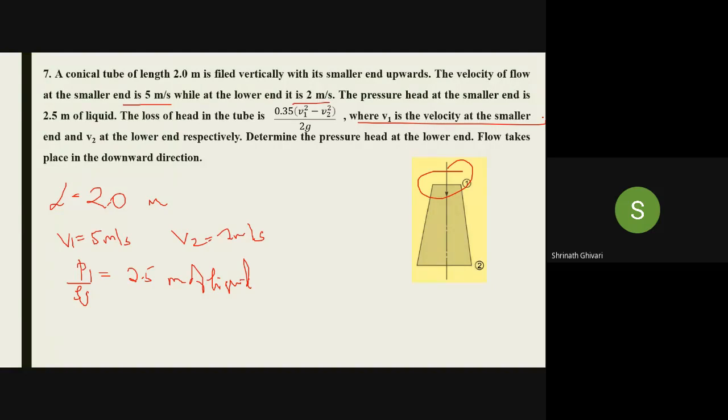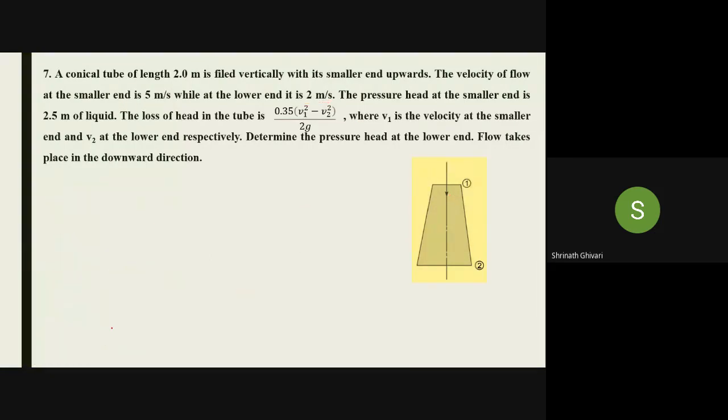By this we can know which is which section. We have to determine the pressure head at the lower end, P2 by rho g. Flow takes place in the downward direction. I have written all the given things.